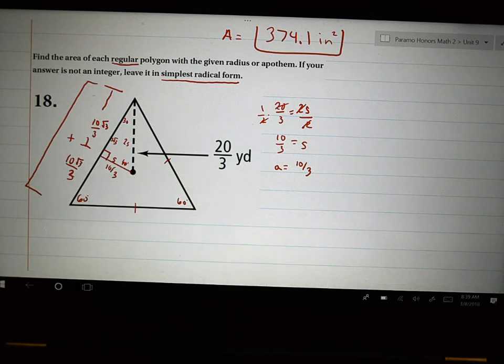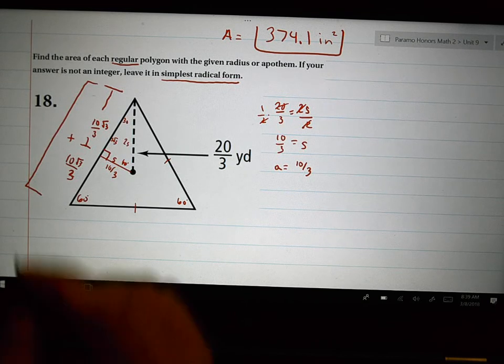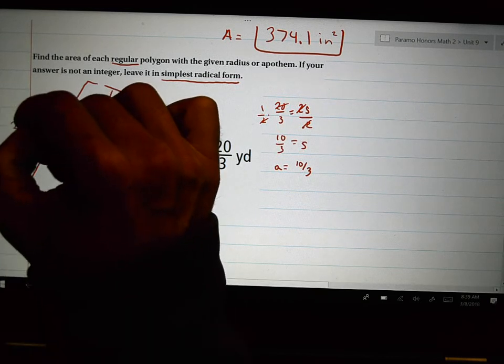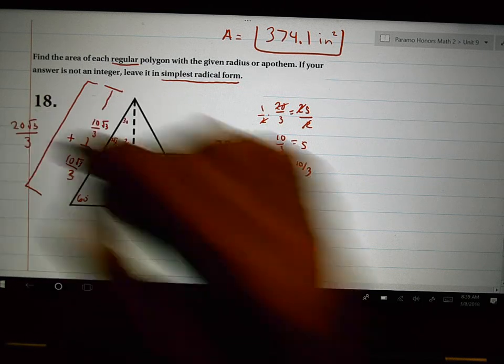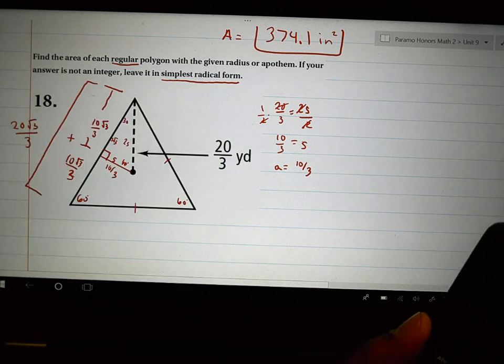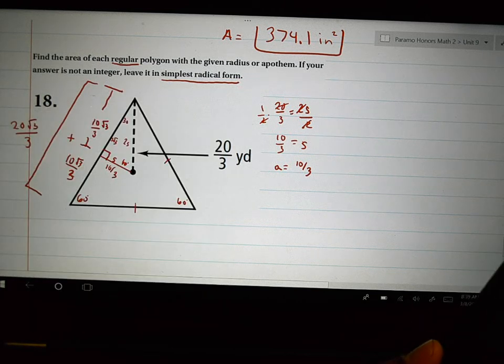Guess what that is? That's 20 root 3 over 3. Now I have my side length.